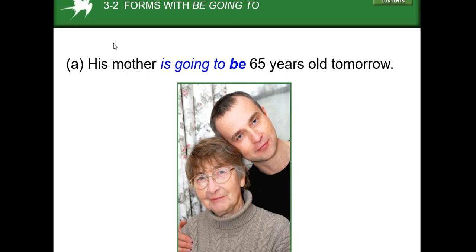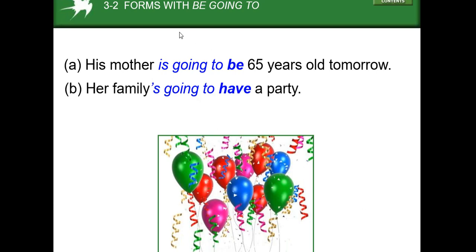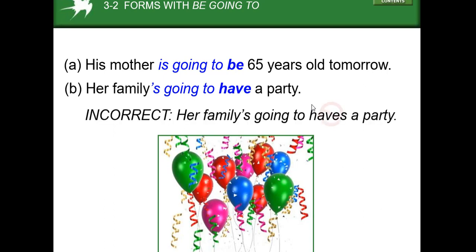Because we are using the subject his mother. Next examples. Her family is going to have a party.